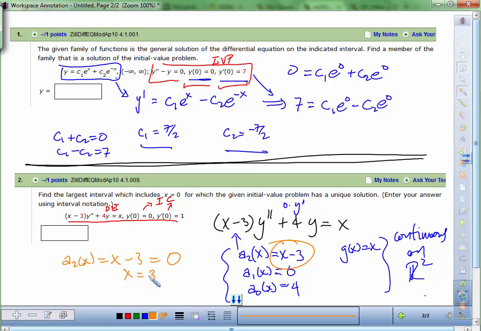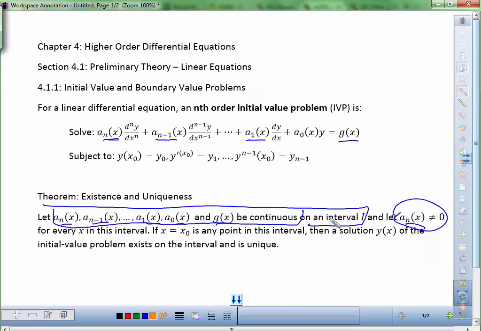That's equal to 0 when x is equal to 3. So what does that mean? That means, according to our second part of the conditions, if this was part of the interval, then I can't guarantee that you're going to get a unique solution for condition 1, condition 2. So there's two conditions to check for your existence and uniqueness.